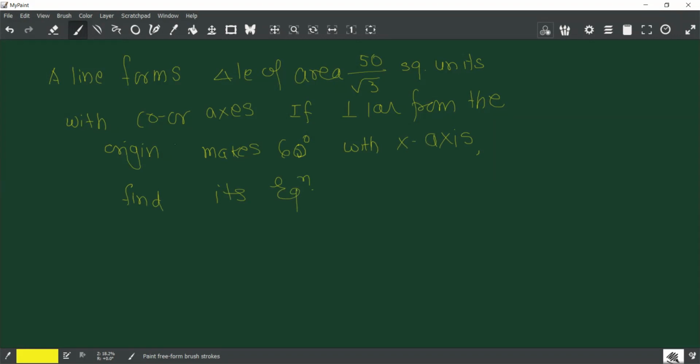What do you mean by this? Suppose ये मेरी required line है. The area formed by the triangle with the line and the coordinate axis is 50 upon root 3 square units. Are you getting it?